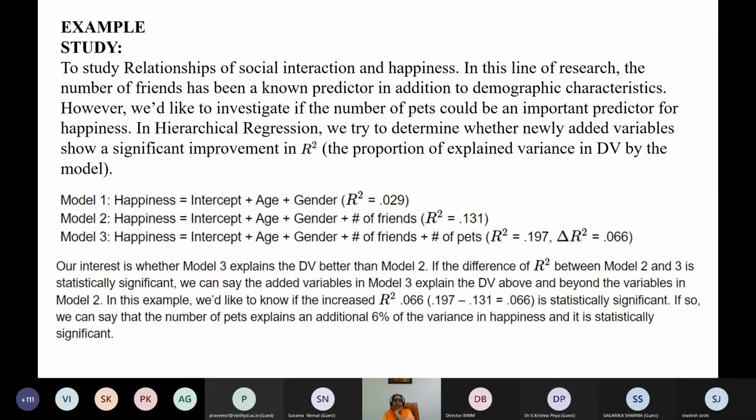And the difference of the R square value, or the explained variance, between model 2 and model 3 is statistically significant.